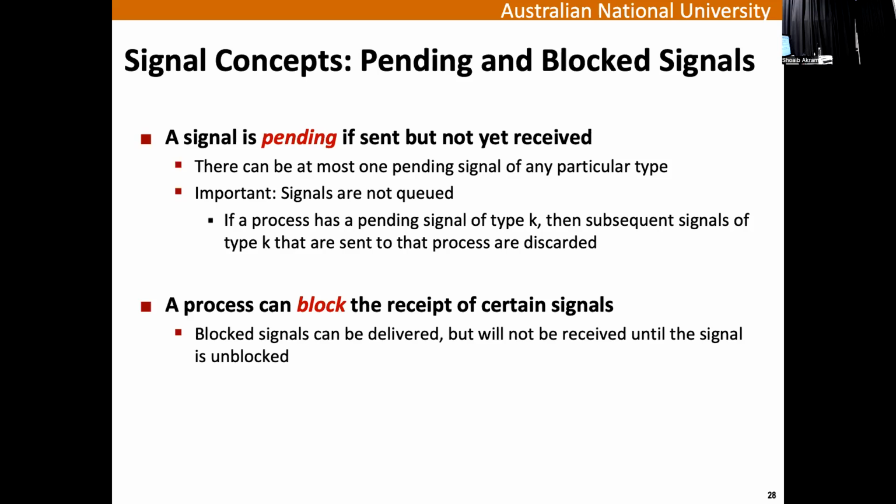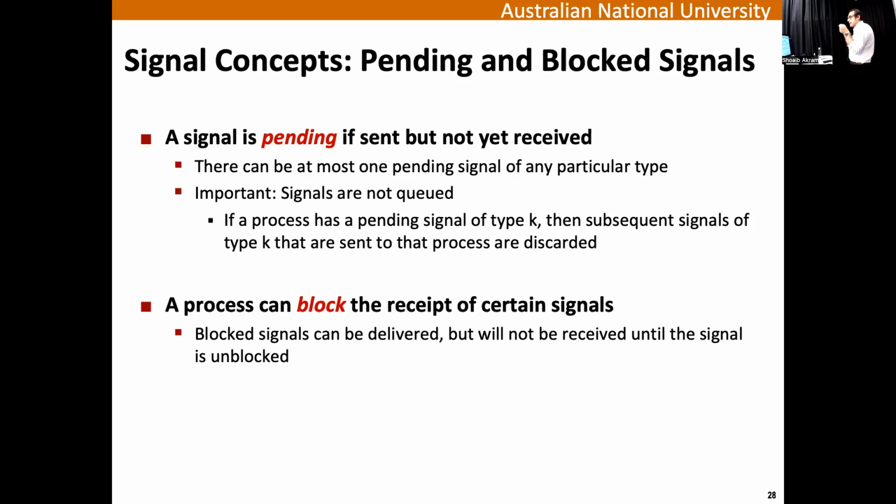The problem here is you may have variables that are shared between the main program and the signal handler. There must be a way for the user process to block signals for a while, so it can do some critical things, for instance, adding something to a linked list or stuff like that.